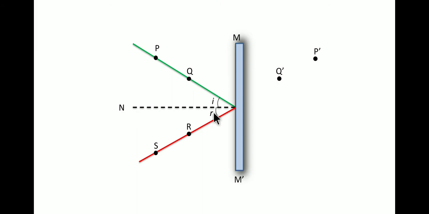This proves the first law of reflection, which says the angle of incidence and the angle of reflection are always equal.